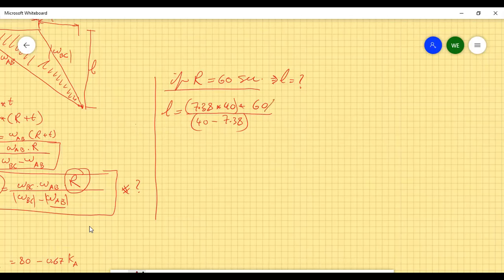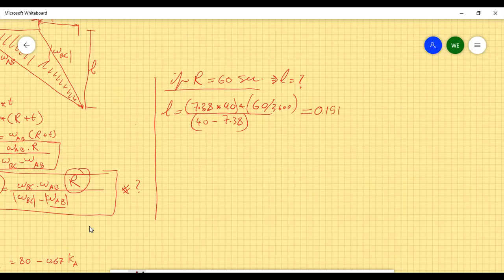So this must be divided by 3600. Now calculate it. 0.151.